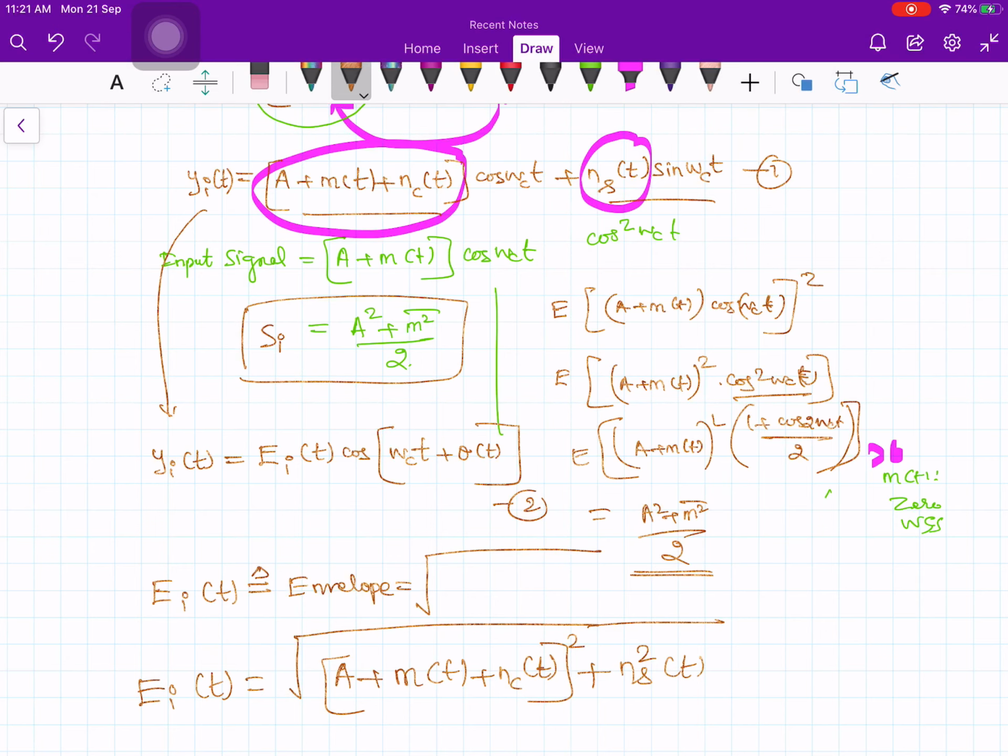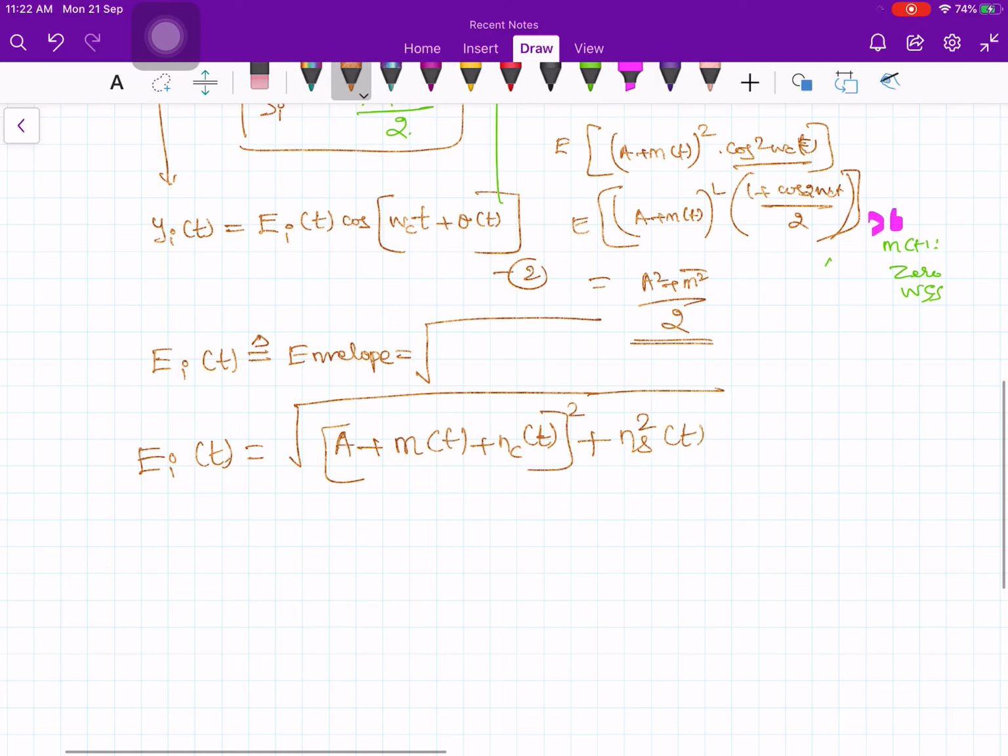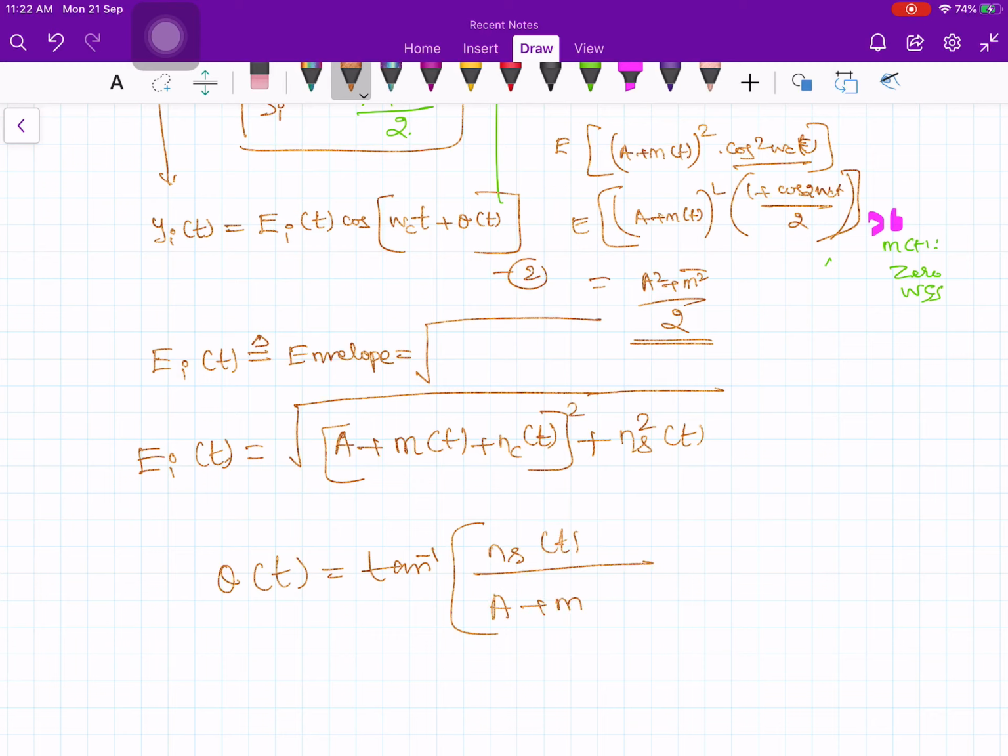And the phase angle theta of t is equal to tan inverse of the quadrature component ns of t divided by the in phase component a plus m of t plus nc of t.